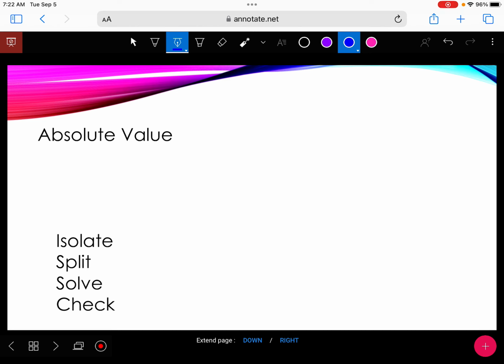All right, we have worked with absolute values before. We've graphed these dang things. These are the ones that are the V-shaped graph, because absolute values are V-shaped, and I'm really bad at drawing them by hand.